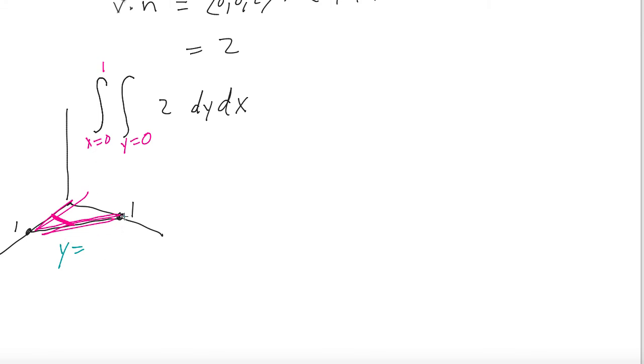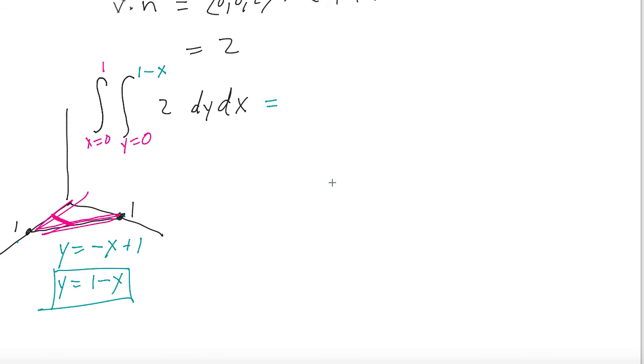Rise over run: we're dropping, and we're running 1, so the slope is -1. Since our y-intercept is 1, we have -x plus 1, which we can write as 1 minus x. So this is our upper limit, 1 minus x.